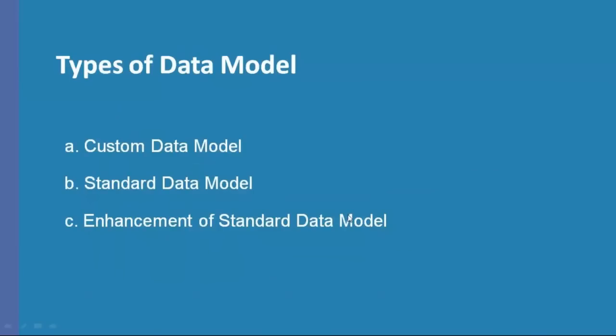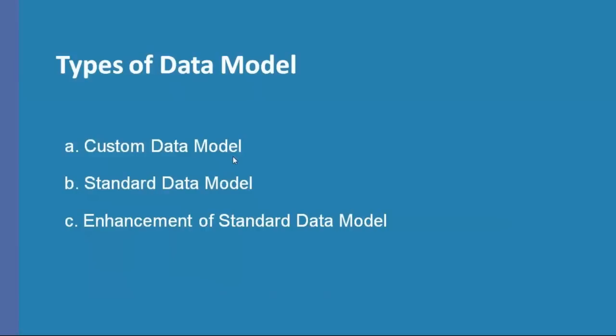Now let's move on to the types of data model. We have basically three different types. One is the custom data model, another is the standard data model, and the third type is the enhancement of the standard data model. Custom data model means the data model which we define completely out of the blue, which is not provided by SAP.